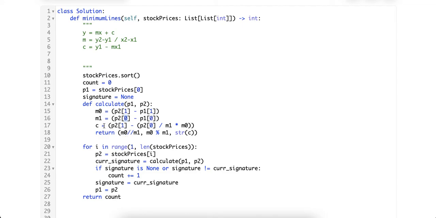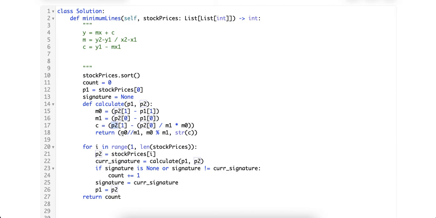And then we also have the C here, basically the same function, but in this case I'm just using P2. Using P2 or P1 is the same, because if they are two points making the line, the C will be the same regardless of which point you use to calculate it.